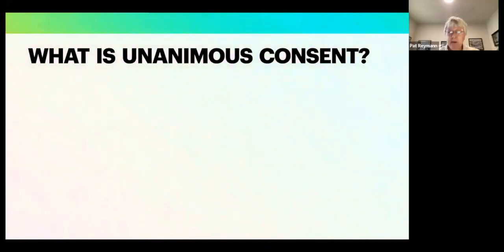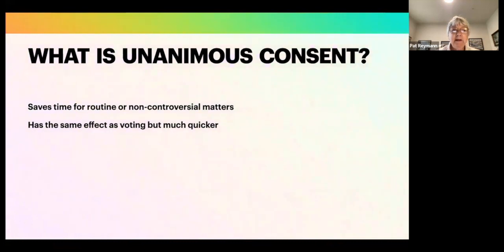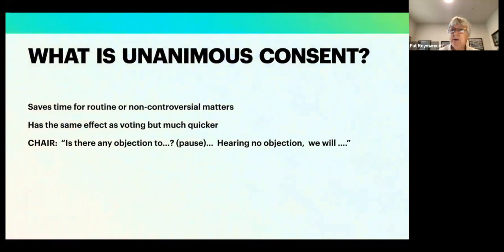Okay. All right. Unanimous consent. What is that? Well, that's a process that you can go through for routine or non-controversial matters. It saves time. Why not? It has the same effect as voting, but it's a much quicker process. So maybe someone has made a motion, and the chair says, is there any objection to that motion, to doing whatever that motion says?